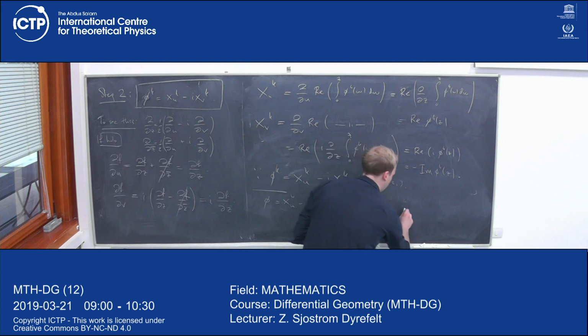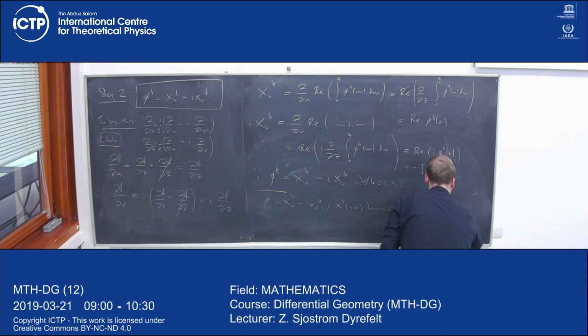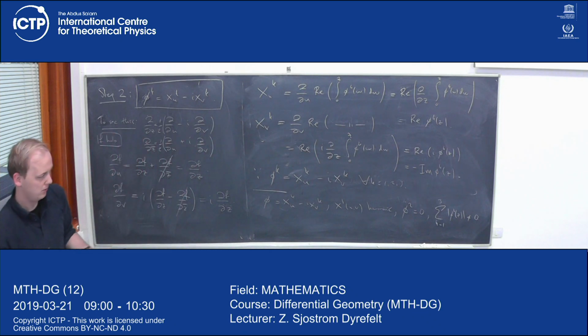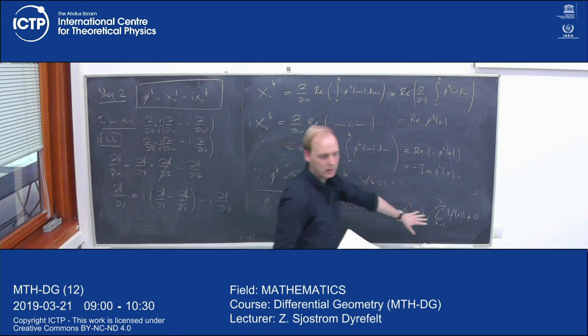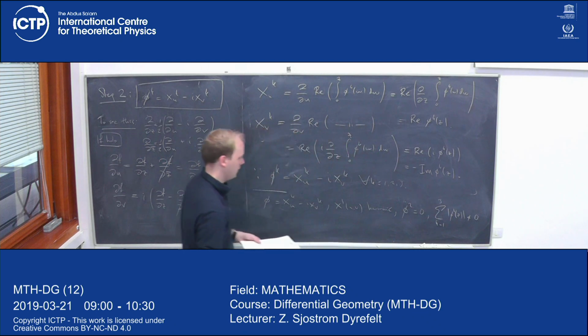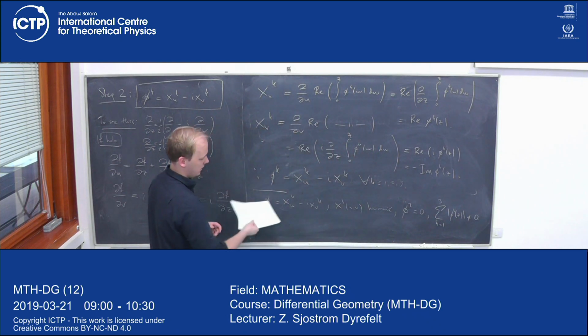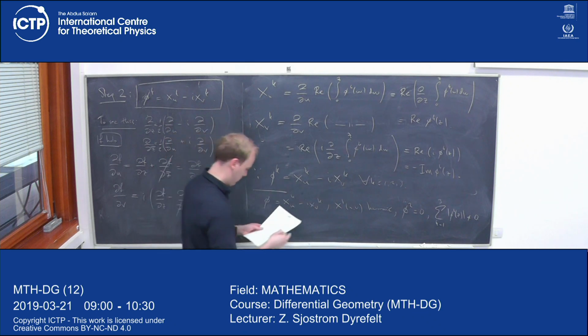And by hypothesis, we have phi squared equals 0, and the sum for k equals 1 to 3 of phi k of z is not equal to 0 for all z. These were all hypotheses, right? And then I define my surface in this way. So now we have a parameterized surface where these are harmonic, this holds, and so on.